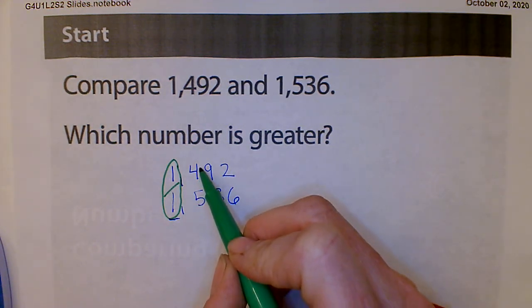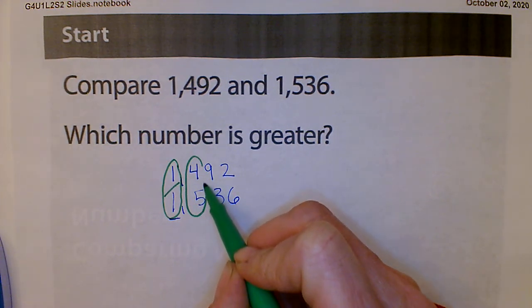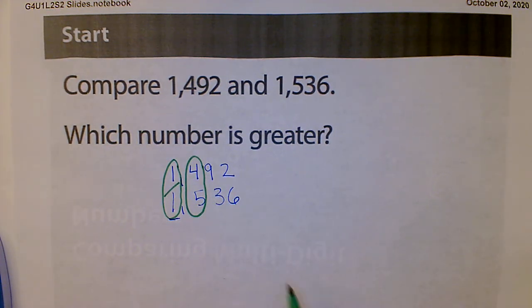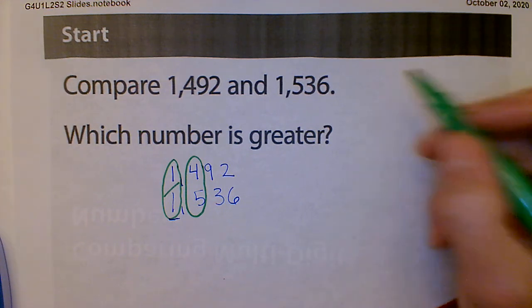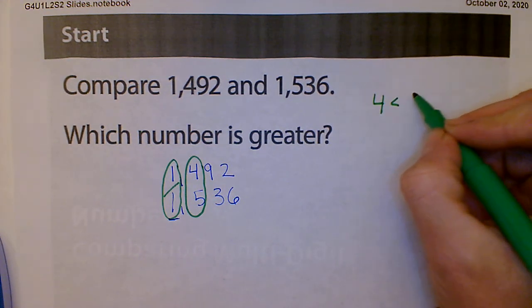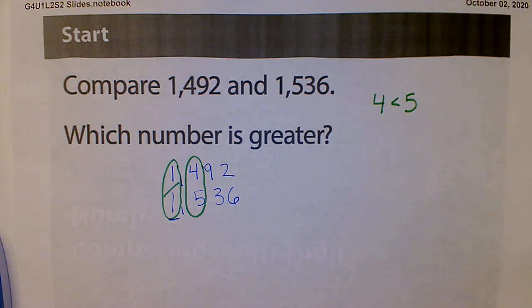Now I'm going to go ahead and take a look at the next place value, which for this problem is the hundreds. And when I look at the hundreds, what I can see is that I have a 4 and a 5. I know that you all know that 4 is less than 5. But it's not good enough for us to tell someone that 4 is less than 5 because these are in the hundreds place value.